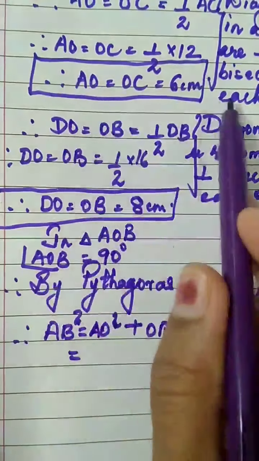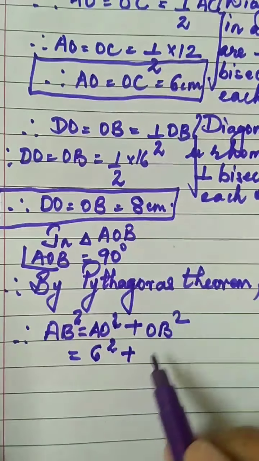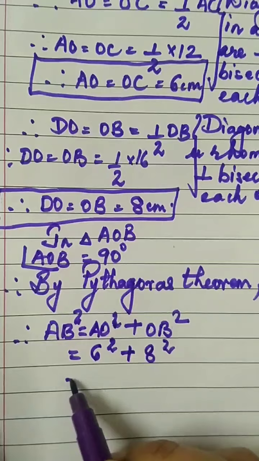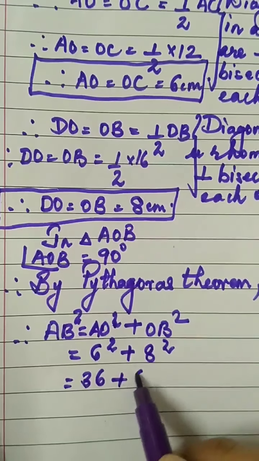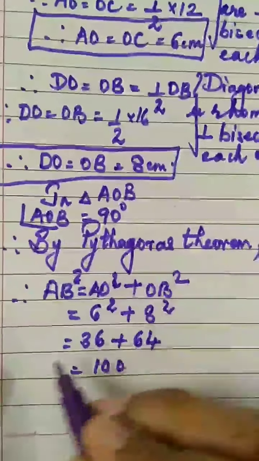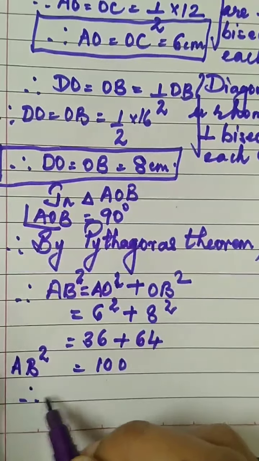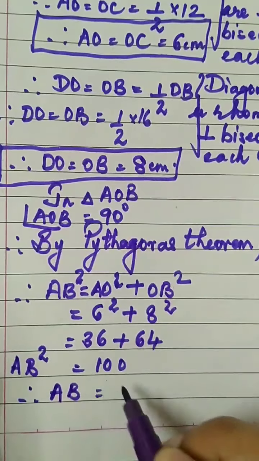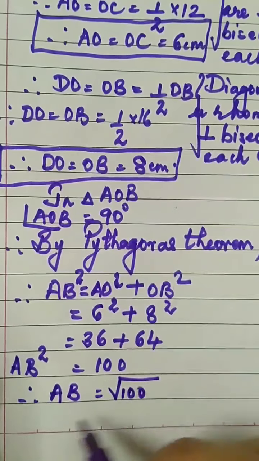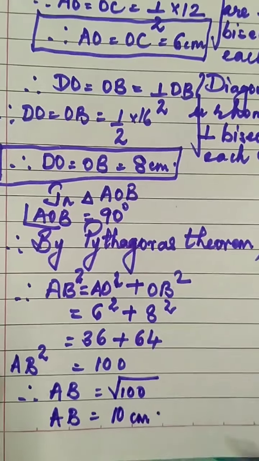How much is AO? 6 square plus OB, just now we got 8 square. 36 plus 64 is equal to 100. So therefore AB square is 100. Therefore AB will be square root of 100, so simple, 10 centimeter.